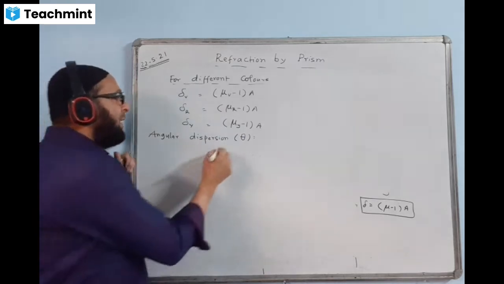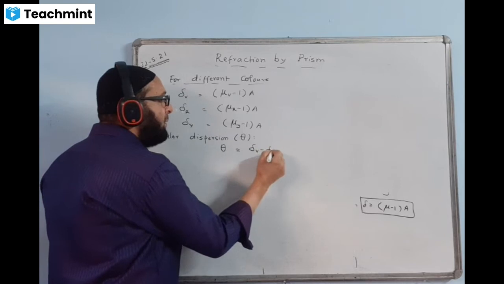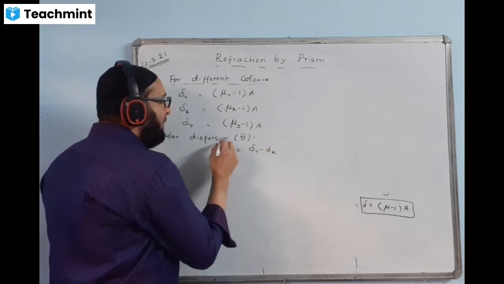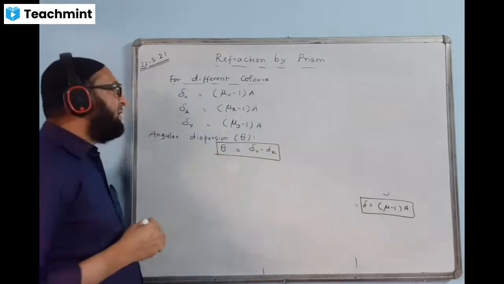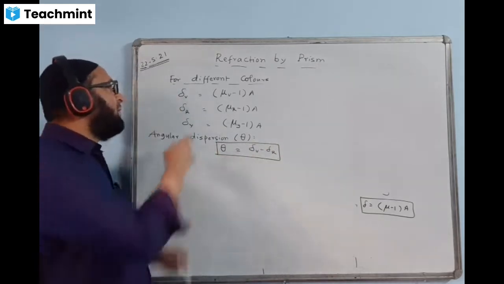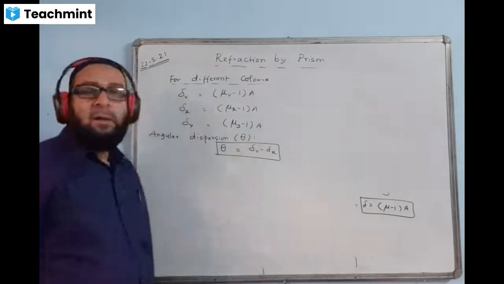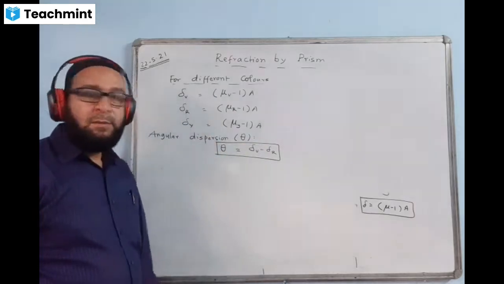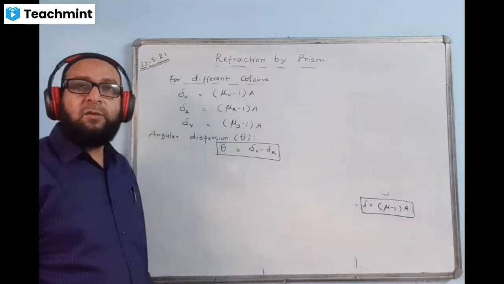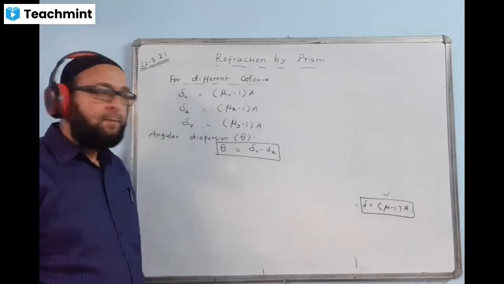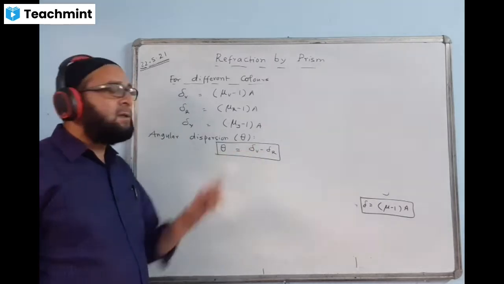Write down theta is equal to delta V minus delta R. This difference of the angle of deviation of the two extreme colors, delta V and delta R, is called angular dispersion. This will be measured in terms of angle, degree or radian. Usually we measure in terms of degree. So what is angular dispersion? Theta is equal to delta V minus delta R.